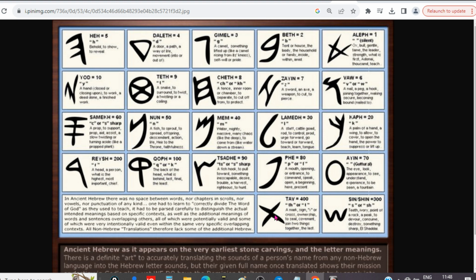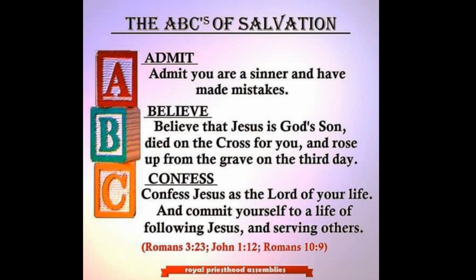And that's all I had. If you are interested in eternal life and your sins being paid for, all you have to do for that sin offering to apply to you, to cover your sins, that Adonai on the cross, the Lord on the cross, is to admit that you're a sinner and believe that Jesus is God's Son and he died on the cross for you and he rose from the grave on the third day.